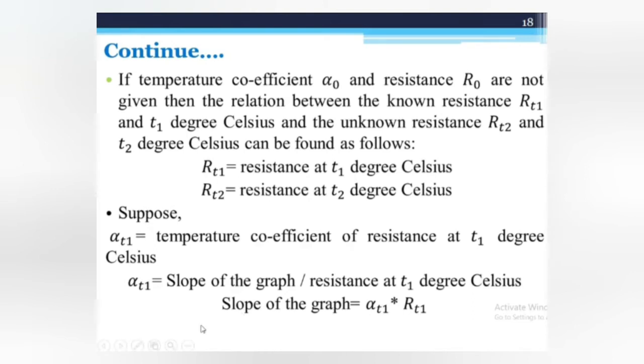Alpha T1 is the temperature coefficient of resistance at T1 degrees Celsius. According to the definition of the slope of the graph, alpha T1 is equal to the slope of the graph divided by the resistance at T1 degrees Celsius. So if we take the slope of the graph as a mean, this equation becomes slope of the graph equal to alpha T1 into RT1, where RT1 is the resistance at T1 degrees Celsius.